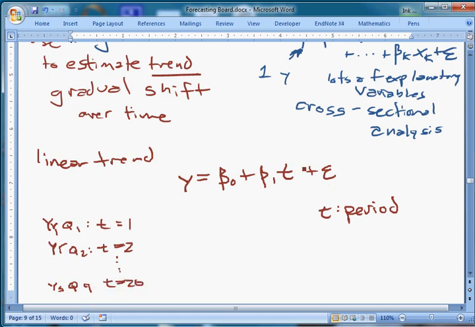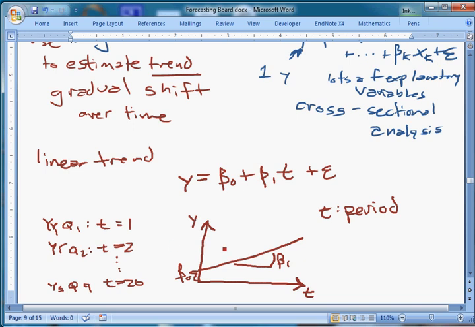You plug t in, and what you're essentially doing is estimating a linear relationship between t and y. You're estimating this line. This is beta 0, and the slope is beta 1. You just use regression techniques, and in a later video I'll go through some examples in Excel to show you how you might estimate this.